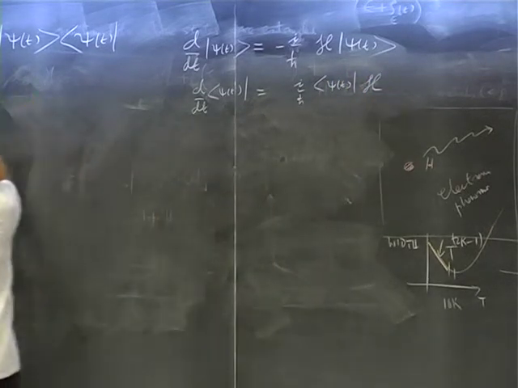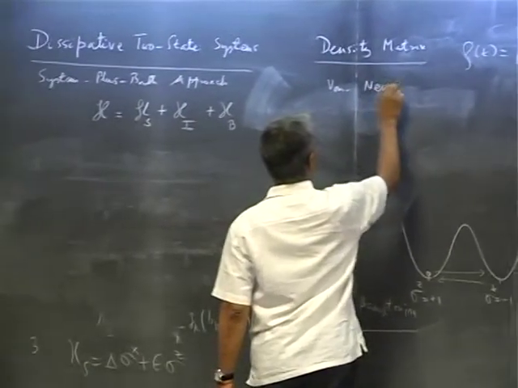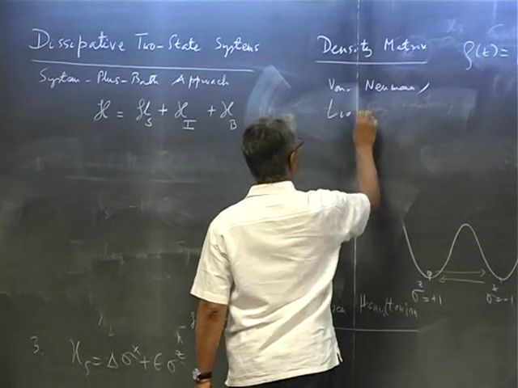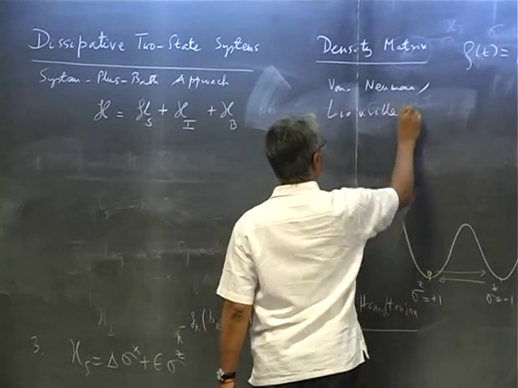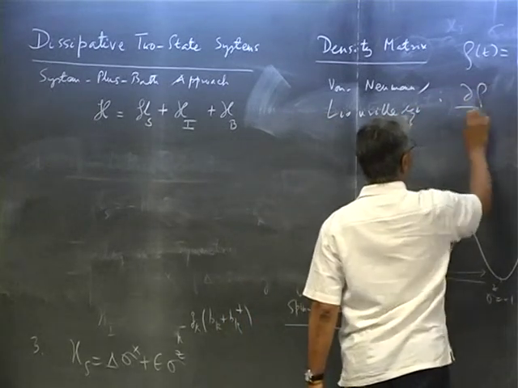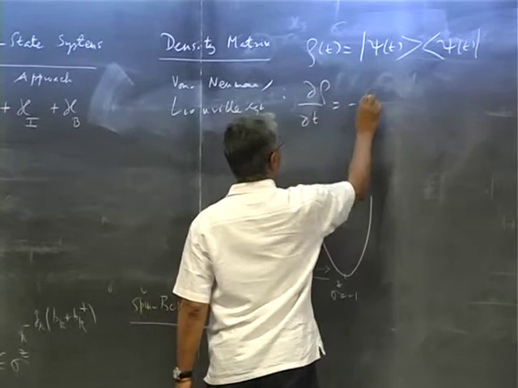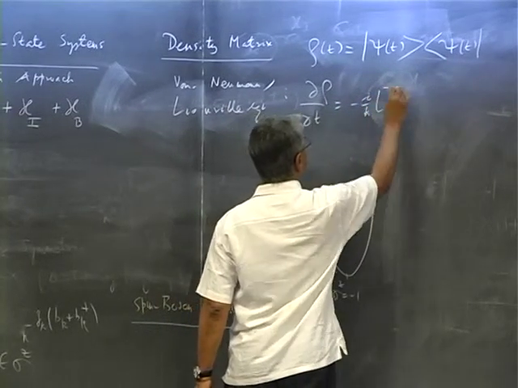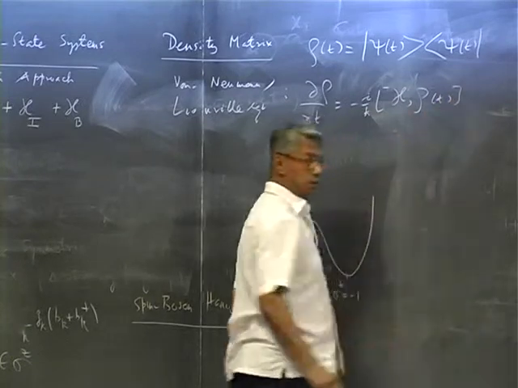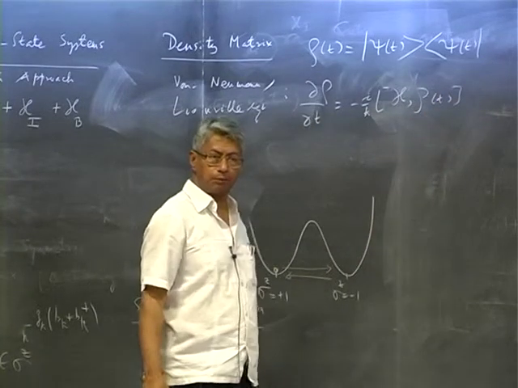You can derive this von Neumann-Liouville equation, which says that d rho/dt is minus i over h bar, the commutator of H with rho of t. Is it obvious from these two results?